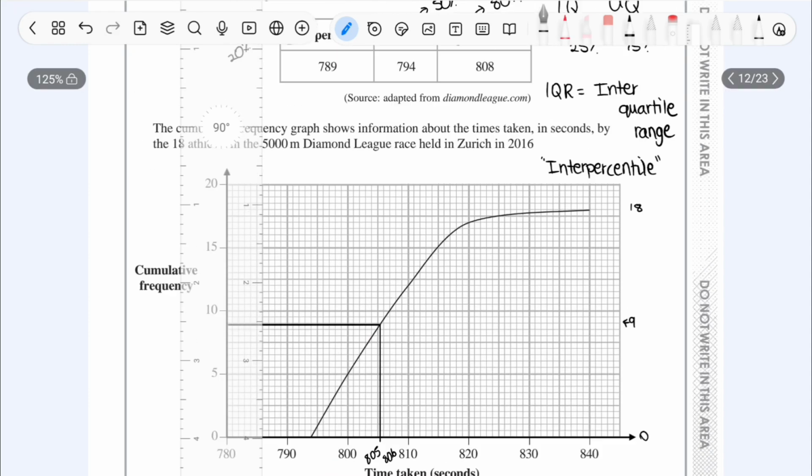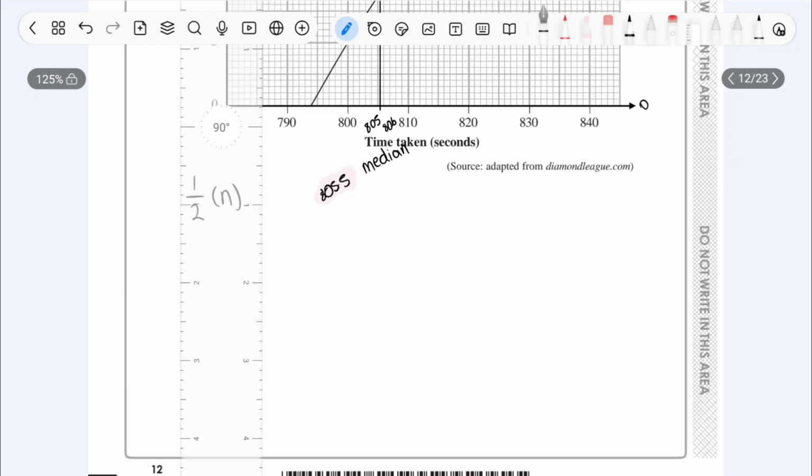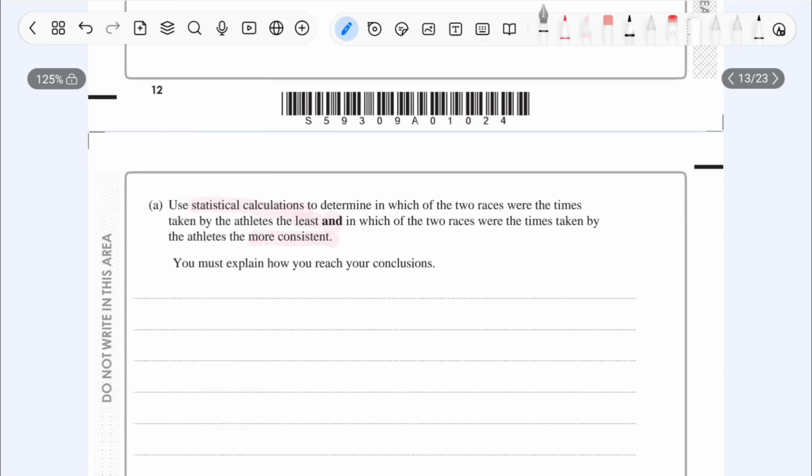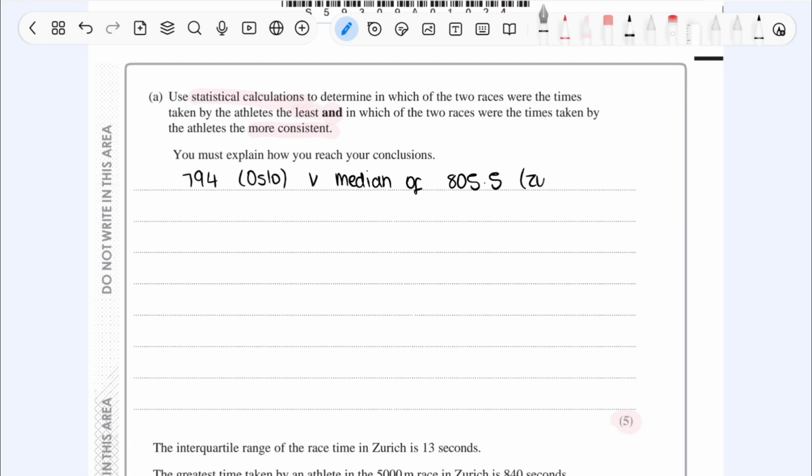So if we look at the median of Oslo, it was 794. So let's compare 794 to 805.5. 794, which was for Oslo, versus median of 805.5, and this one was in Zurich.